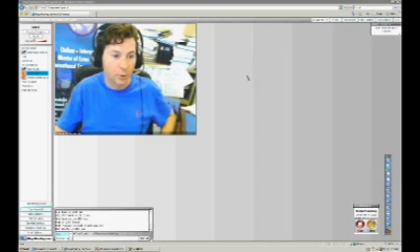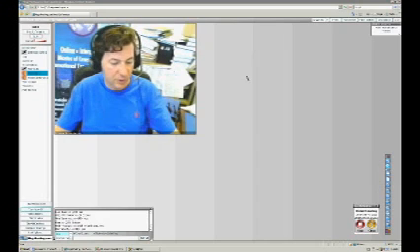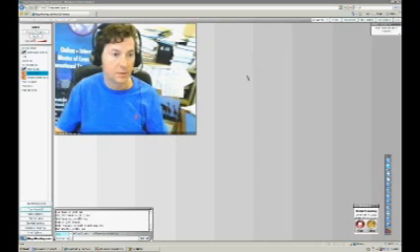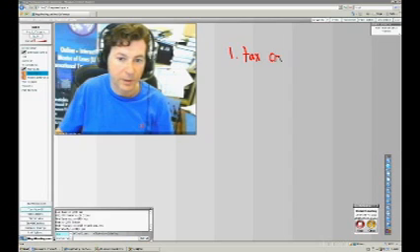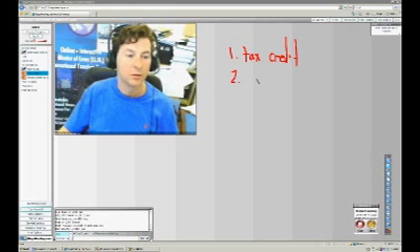Okay, what are the tools of tax planning that we have available to us on an international level? Well, first we should start with the domestic level. We can have tax credits. What else can we have? We can have deductions.